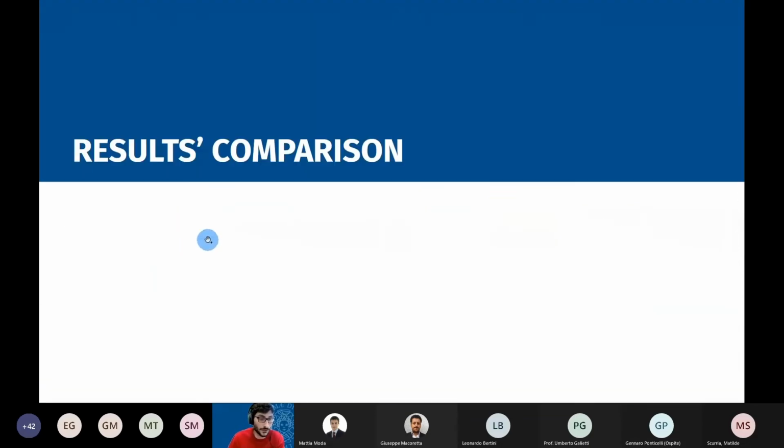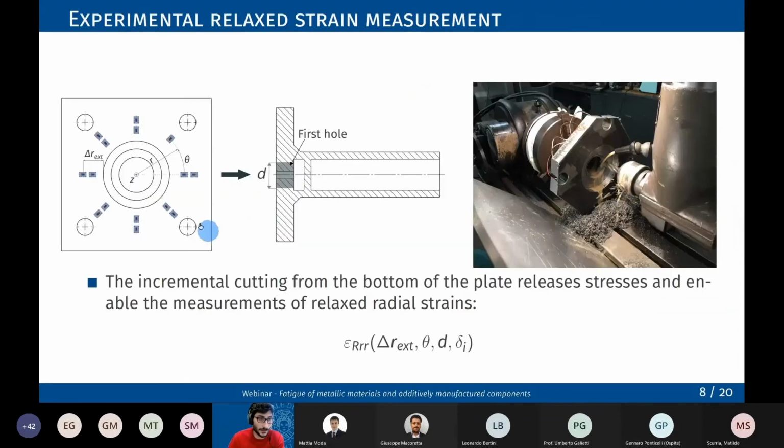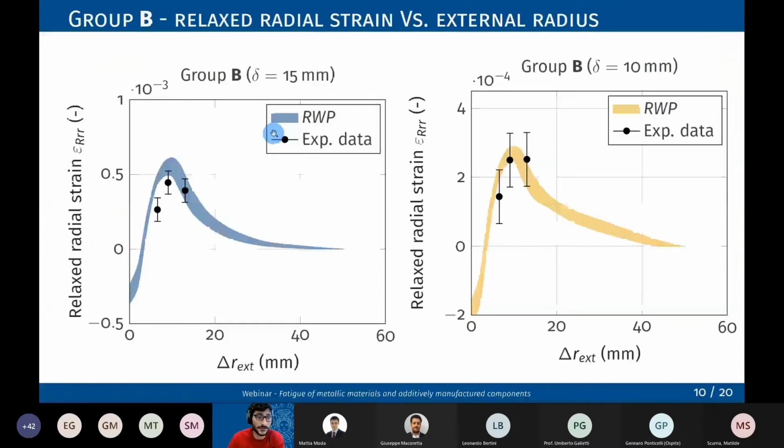To be clearer, we took all the strain gauges at the same radial coordinate, and we used all the strain gauges between 0 and 360 degrees to evaluate this mean value and the standard deviation. This is for 2 different hole depths, always 10 and 15 millimeters.